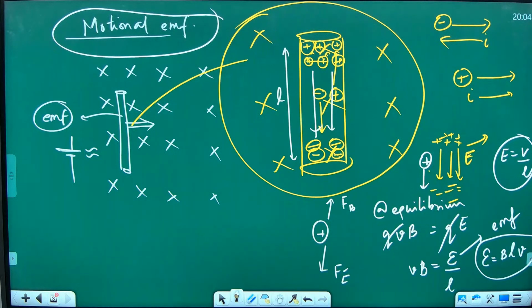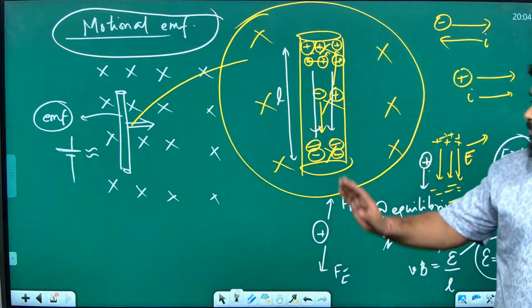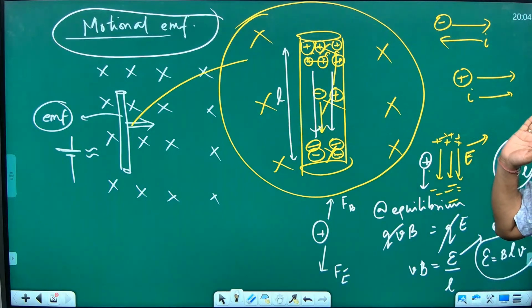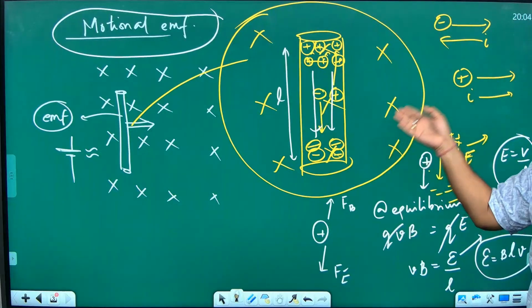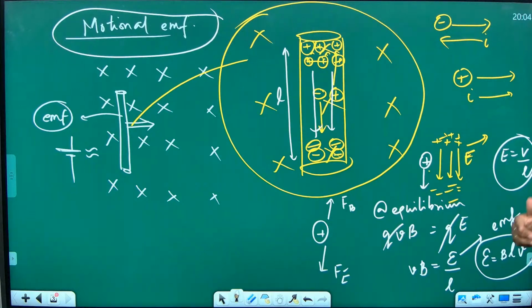Have you copied, guys? Tell me, Yuvashri. Can you explain why the negative charge is moving downwards and positive is moving upwards? See, I'll explain to you. When the conductor is moving from left towards right, then the positive charge and negative charge also move from left towards right. If positive charge is moving towards right, current will come in the same direction.